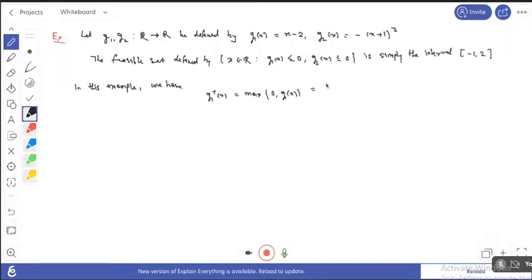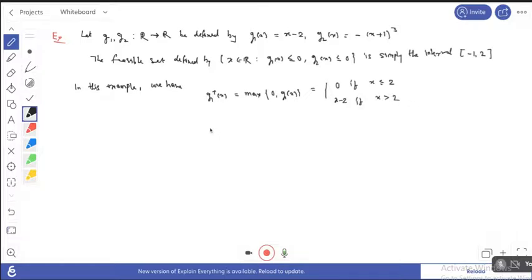When g1(x) is negative, that is, when x is less than or equal to 2, in that case it is either negative or equal to 0, and it is assigned as 0. And when x is strictly greater than 2, the value is x minus 2.